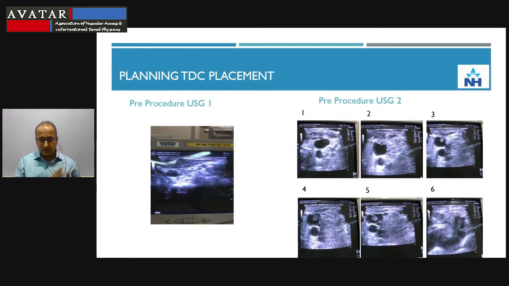On the right-hand side, you've got some snaps which show static views of the IJV at the top and the carotid artery at the bottom. The vein is more than twice the diameter of the artery, which is quite good. But you can see a small sheath developing where the previous temporary catheter went in.